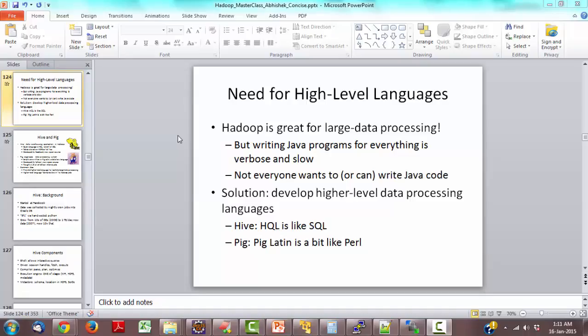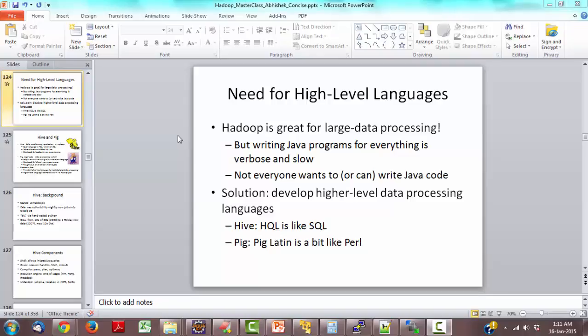Some people know just the basics of SQL or querying. Some are data analysts who don't even know SQL, so they probably need an English-like interface or language. So you need some higher level data processing languages to be able to leverage this platform or technology.